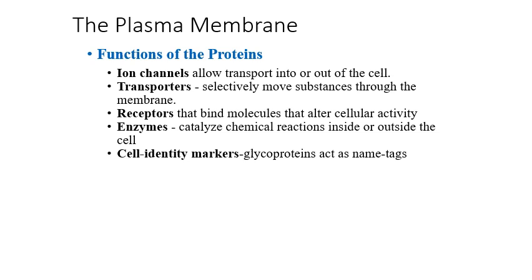Enzymes we talked about previously, these are proteins that catalyze chemical reactions. And then we've also got some cell identity markers. These are glycoproteins, which means a sugar-protein combination, and these are peripheral proteins on the outside of the cell that act as identifiers or name tags.